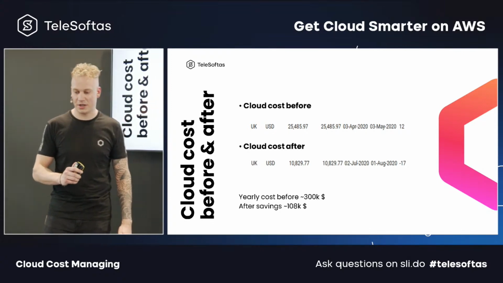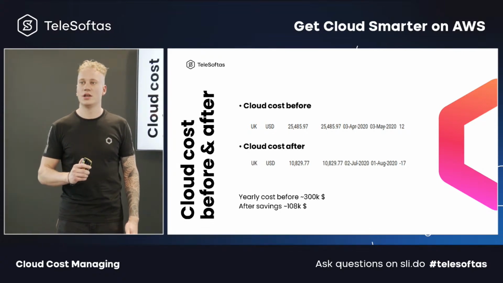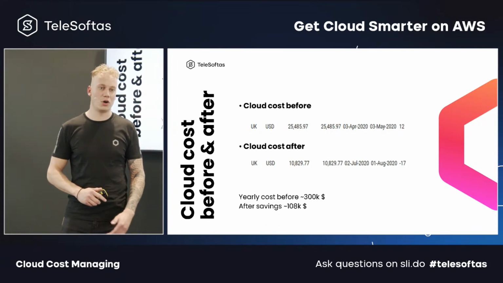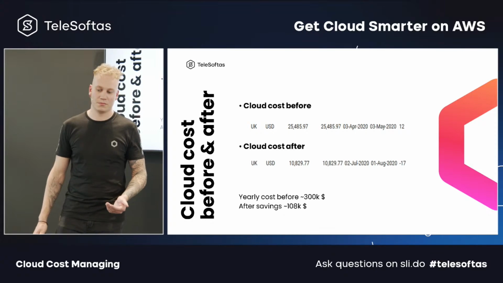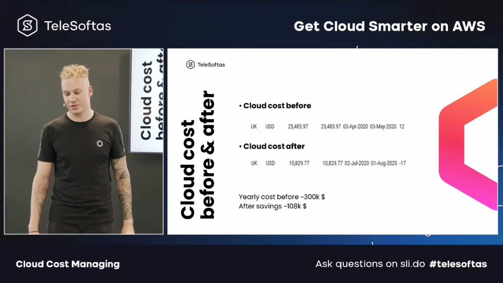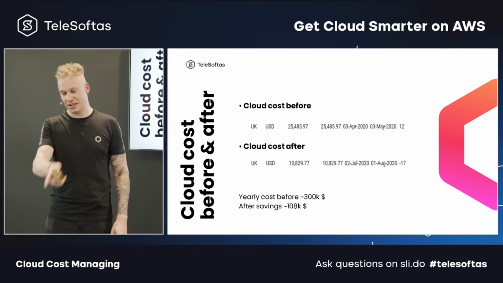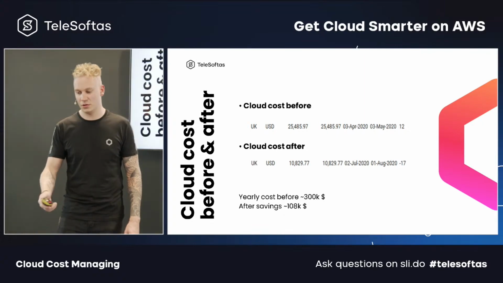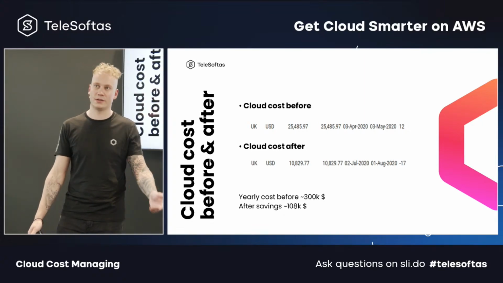And after savings, that was just looking at zombie resources and implementing the spot market. The whole cloud works the same, and everything functions still the same. If you look at the dates here, the top was for the month of April, because you got billed on May 3rd for the previous month.